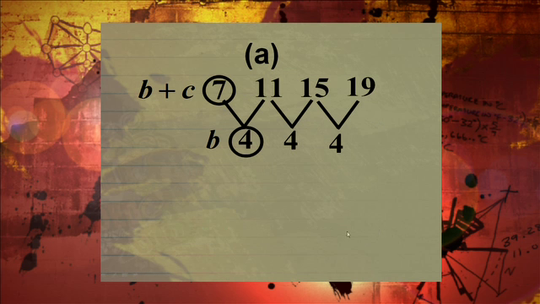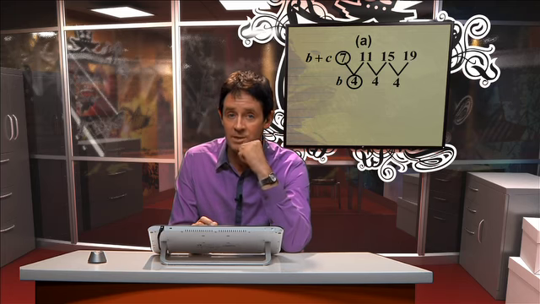Have a look here at number A. Well, we've got 7, 11, 15, and 19. What do you notice? There's a constant difference. 7 plus 4 gives me 11. 11 plus 4 gives me 15. 15 plus 4 gives me 19. And what did we do? The one method would be a plus (n minus 1)d.